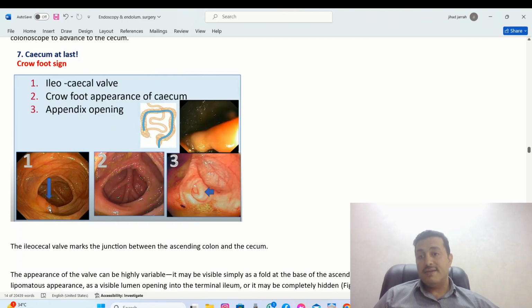The cecum itself has the crow foot appearance, the Y shape here. And the appendiceal opening over here. The ileocecal valve is a mark between the ascending colon and the cecum.